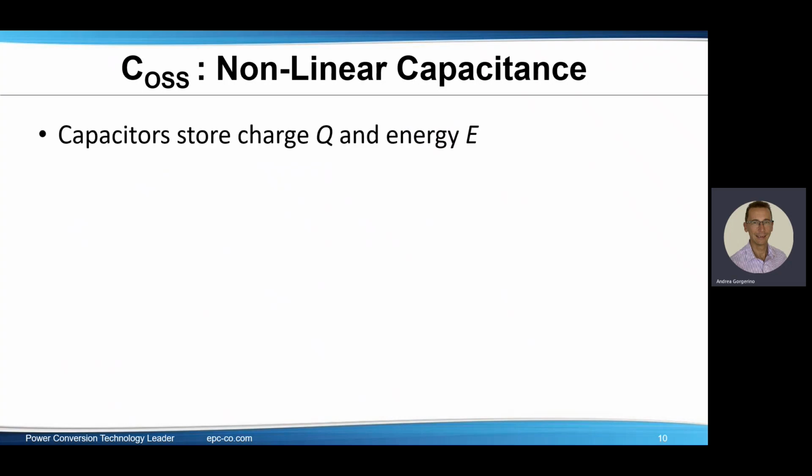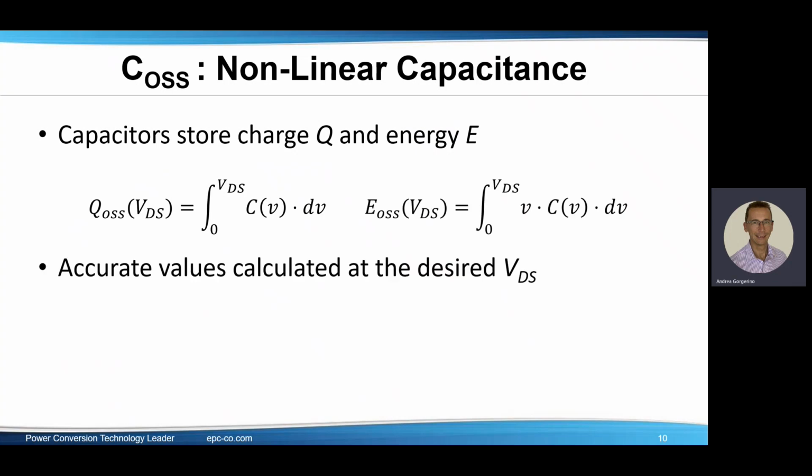A capacitor stores charge Q and energy E. First of all, the stored charge Q is the integral of the capacitance over the voltage, while the stored energy is the integral of the voltage times the capacitance over voltage. These equations are not the same, and now we can use them to calculate accurate values.